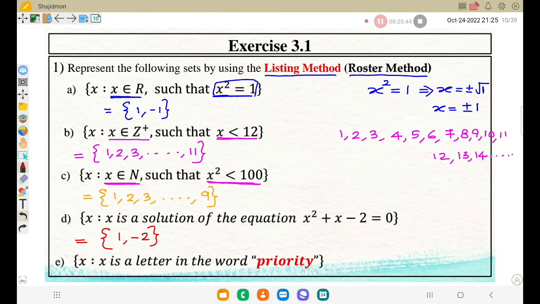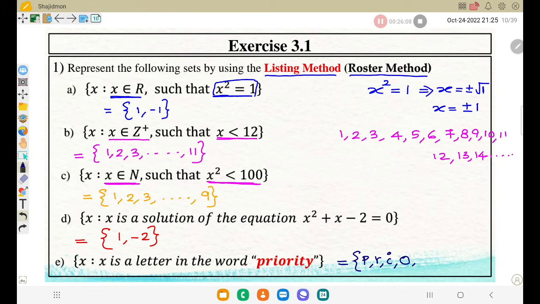Now we are going to the next one. Set of all x such that x is a letter in the word priority. What are the letters in the word priority? For example, P. P is a letter, correct. R is a letter. I is a letter, correct. O is a letter.